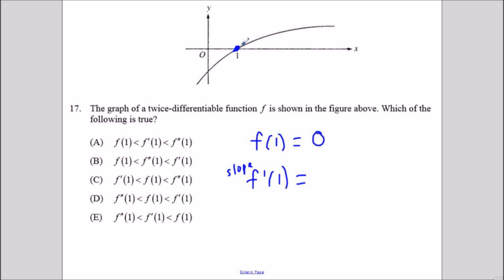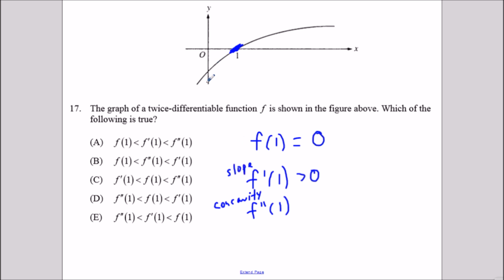And if we look at the slope here, since this function is increasing, the slope is something positive. So we could just say for this part here that the derivative at 1 is positive, so it's greater than 0. And if we look at the second derivative, we'll be talking about concavity.